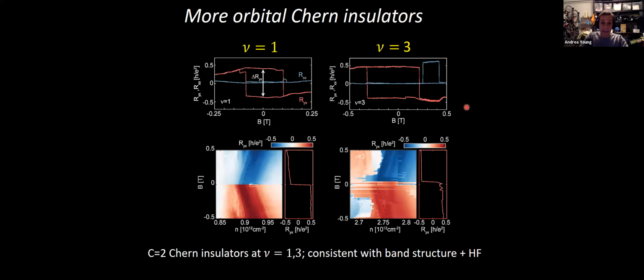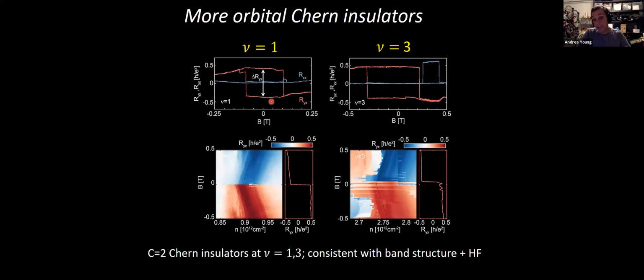But actually, the spectacular thing here is that these turn out to be quite robust quantum anomalous Hall states again. Okay, so I'm showing data at nu equals 1 and nu equals 3, and you can see that the Hall resistance is nearly quantized. The data is not spectacular in terms of the degree of quantization, but you have Hall angles of 88 or 89 degrees, basically no RXX, very large RXY, and these plateaus disperse in magnetic field in agreement with the Streda formula for a Chern number of 2, which is also what you see in the Hall, and is also incidentally what you expect from band structure models.